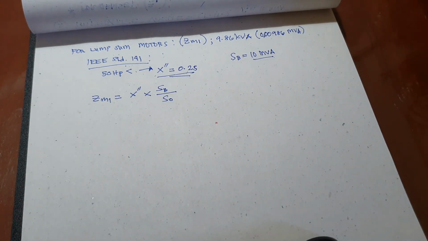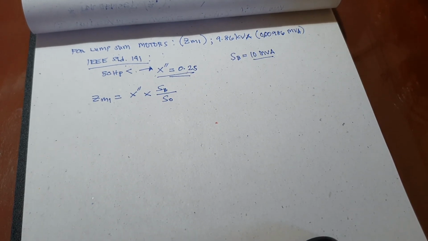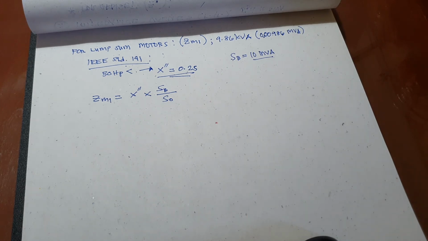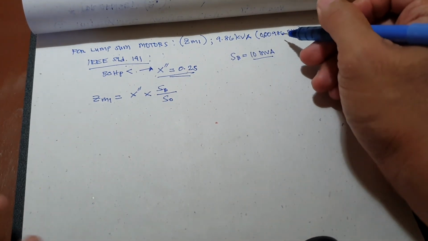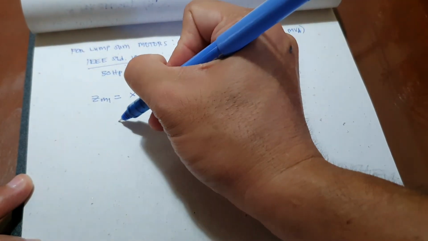It's 9.86 divided by 1000. Okay, it's correct. So 0.00986 MVA.